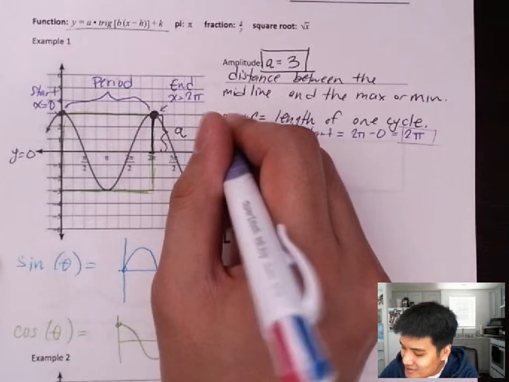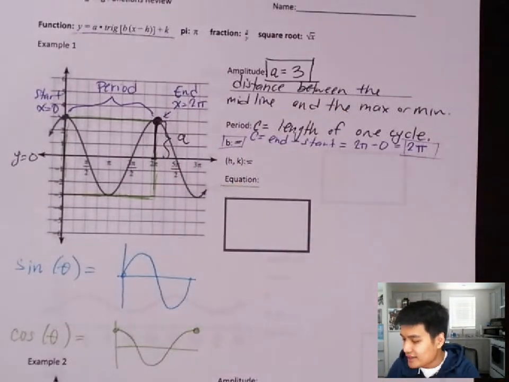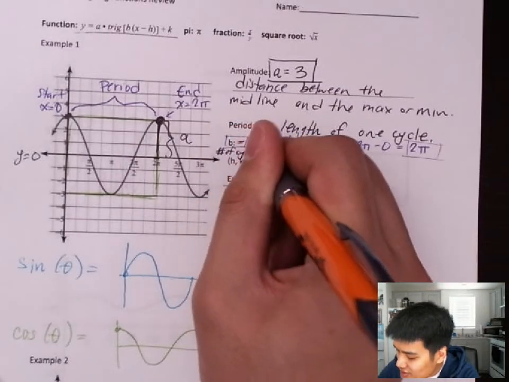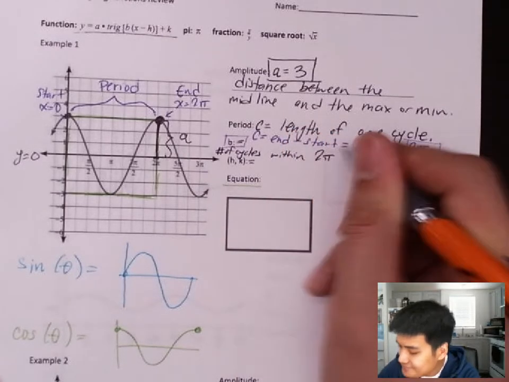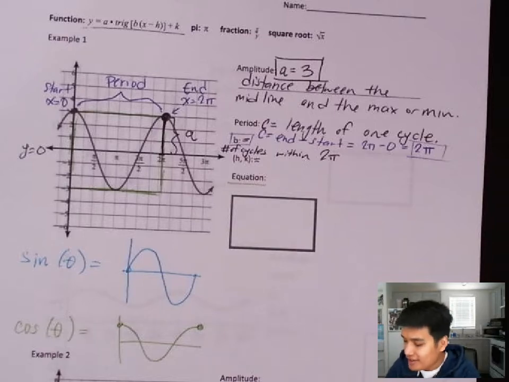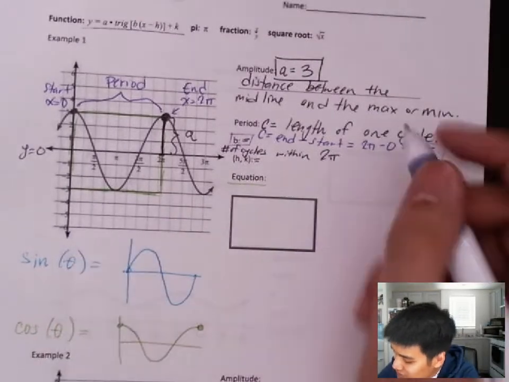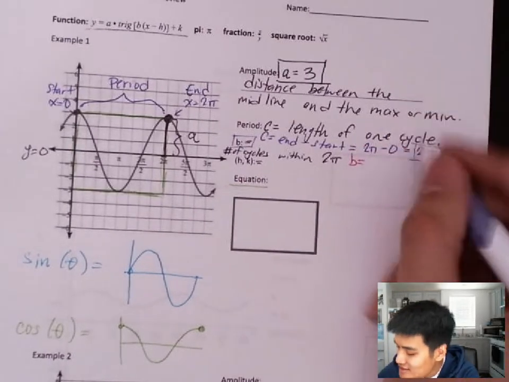In this case, we're going to be talking about b. B, by definition, is the number of cycles within 2 pi. So in this particular case, I might be thinking, how many cycles are within 2 pi? The actual formula we need to determine what b is, is this formula here.